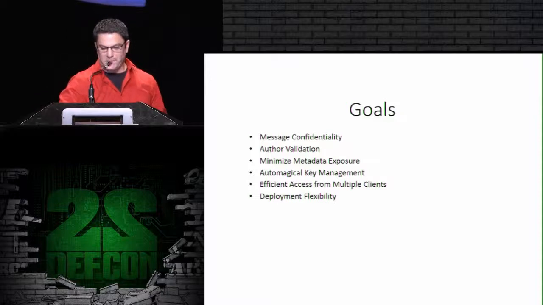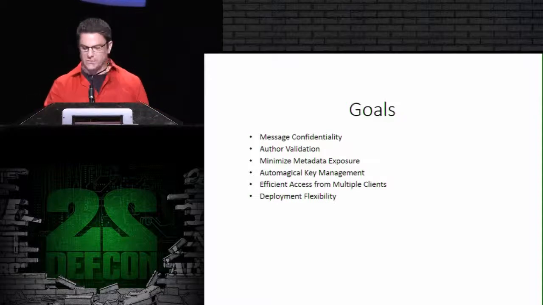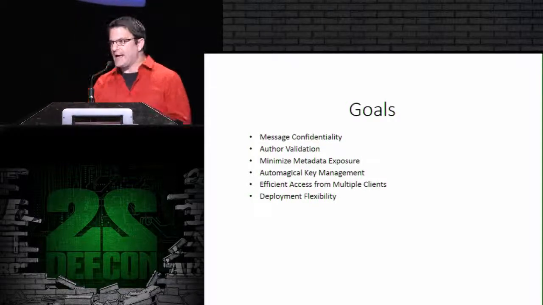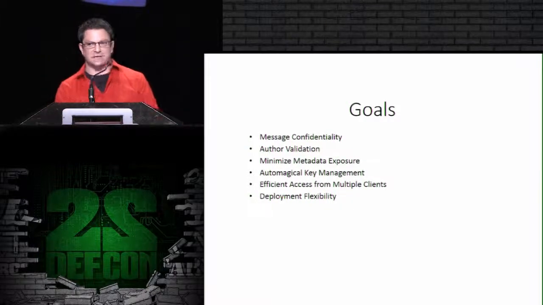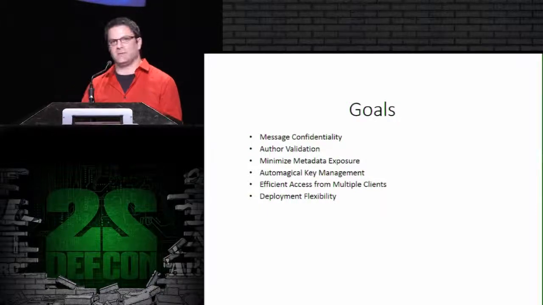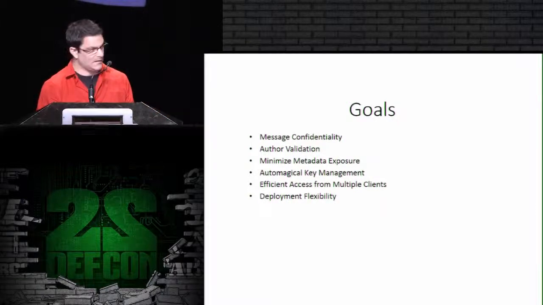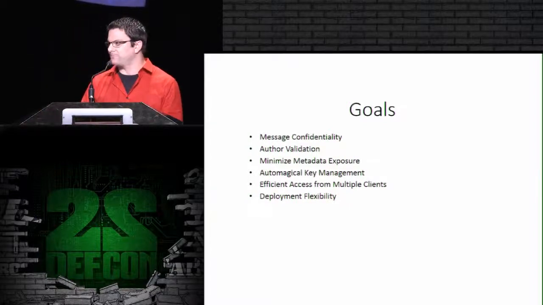And it meant building a system that was both secure, automatic, and could be accessed from different types of clients on different platforms with different types of constraints, in the very same way that we access email today. And to do it and build it in a way that can handle internet scale.